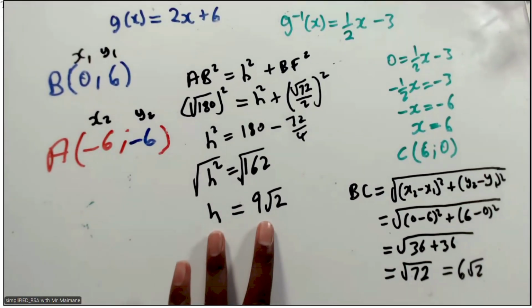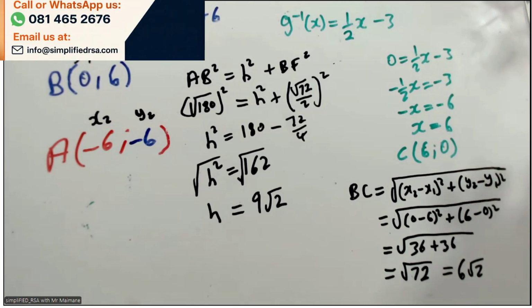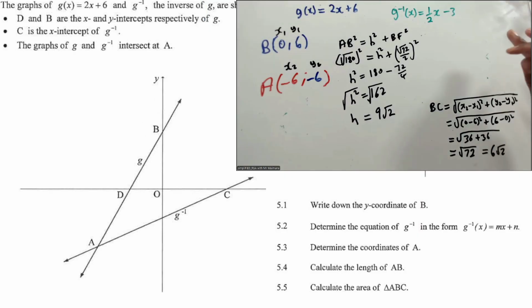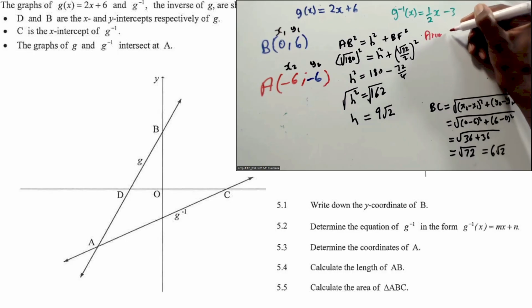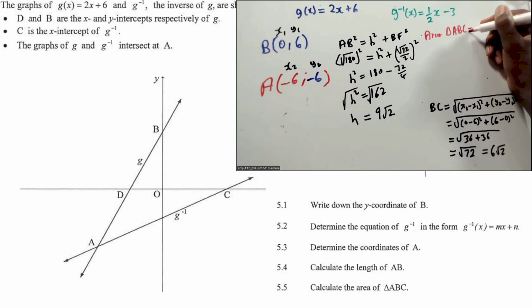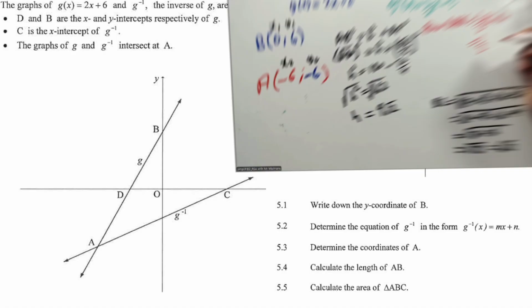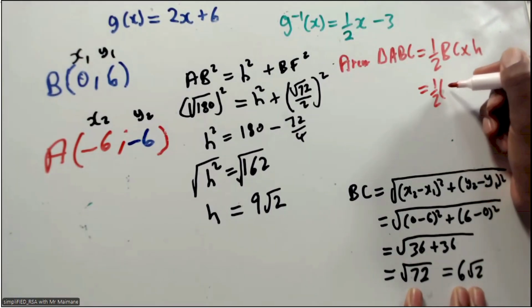So now I have the height, I have the base, I can calculate the area. The area of triangle ABC is going to be 1 over 2 times the base BC times the height. Therefore, this is going to be 1 over 2. What is my base? My base is 6 root 2, or the square root of 72.